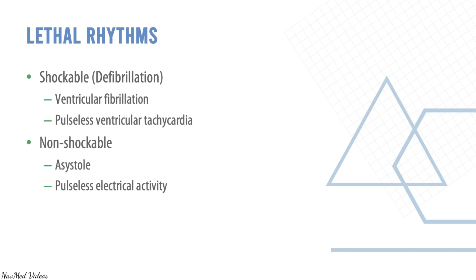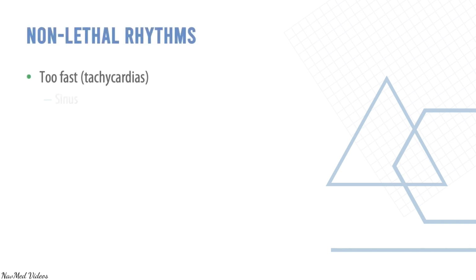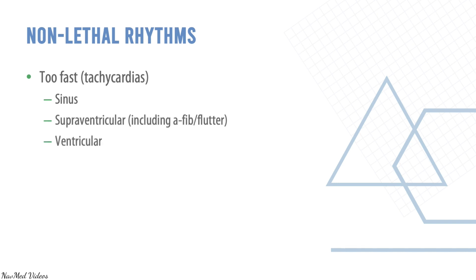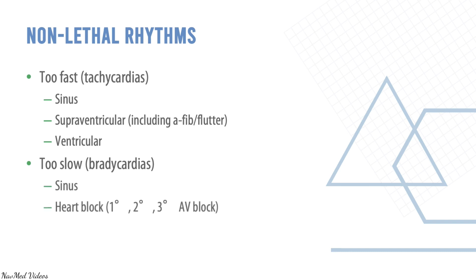Shockable, non-shockable: where you can use the defibrillator, or where you cannot use the defibrillator. Now the simple ones or non-lethal ones are basically sinus tachycardia, supraventricular or ventricular tachycardias, or if the heart rate is slow, sinus bradycardias or heart blocks. So non-lethal can be basically tachys or bradys.